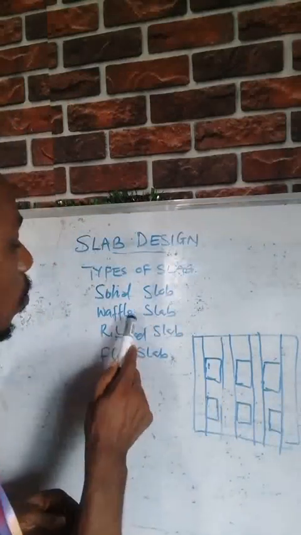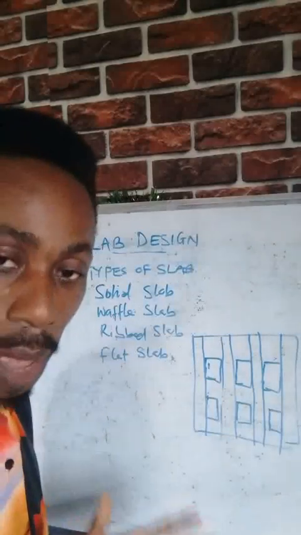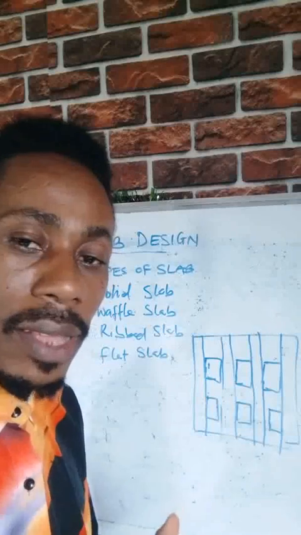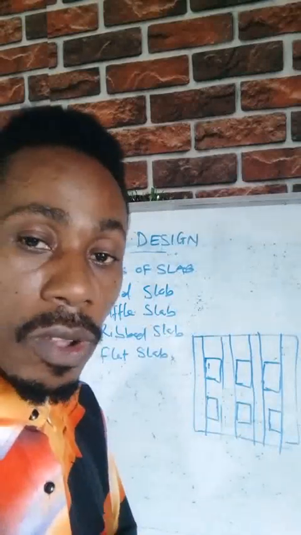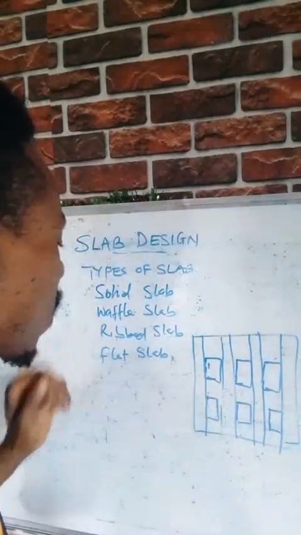Both the waffle and the rib slab are of the same type, it's just that the materials or the orientation with which the slab is constructed is what differentiates the waffle slab from the rib slab.